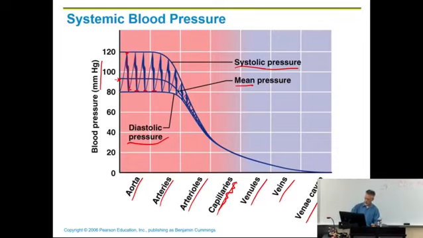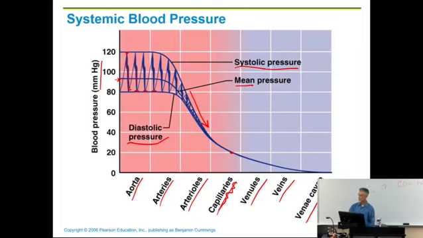So not only do we get rid of that pulsing sensation, but we also see a big drop in blood pressure. The pressure where we started out, like 90 or so in terms of mean arterial pressure, now as we're entering into the capillaries, we're down at like 20 millimeters of mercury instead.